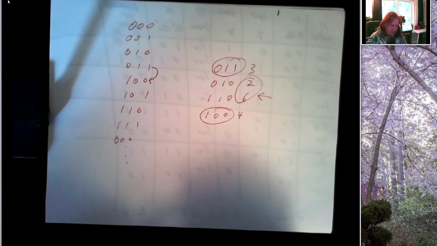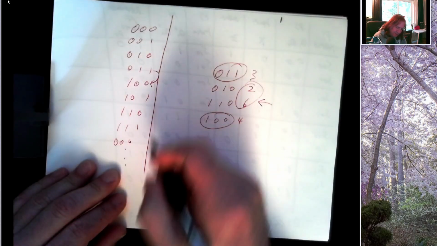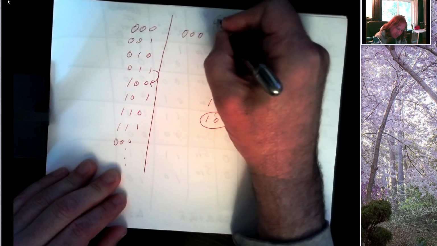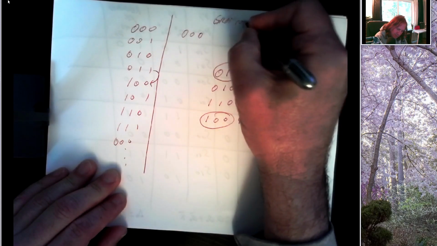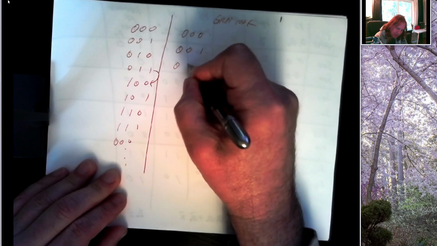So there's a different way of ordering consecutive binary numbers, and that's to use what's called a gray code. And here's an example of a 3-bit gray code.